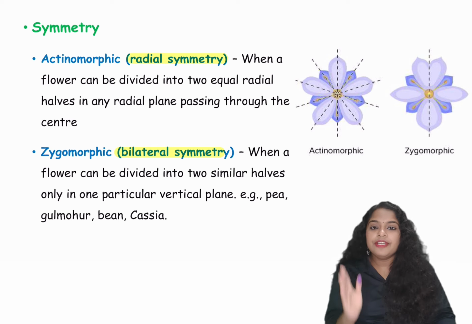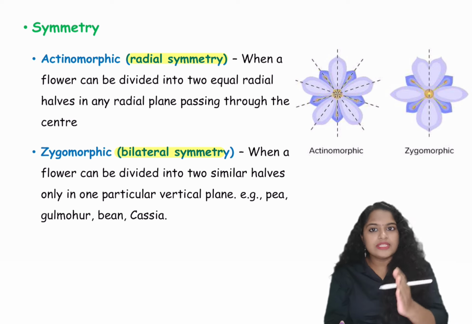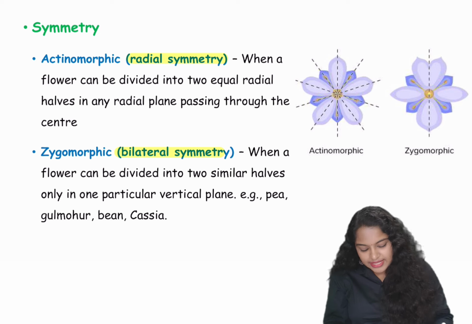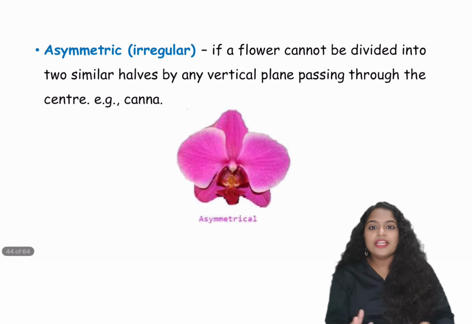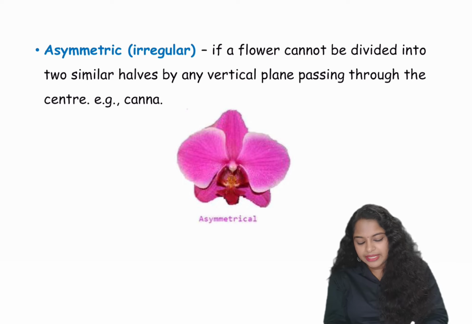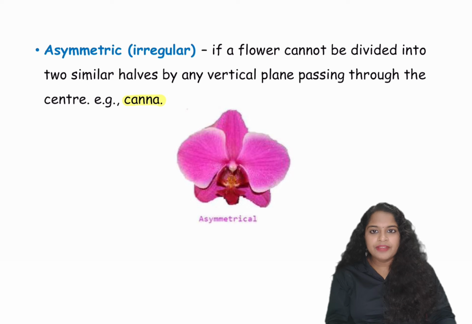So when a flower can be divided into two similar halves only through a single plane, that is called zygomorphic. Examples are gulmohar, beans and cassia, and also peas. Now the asymmetrical, that is, they do not have a regular shape, they are irregularly shaped flowers. For example, canna, and these flowers cannot be divided into equal parts through any plane.